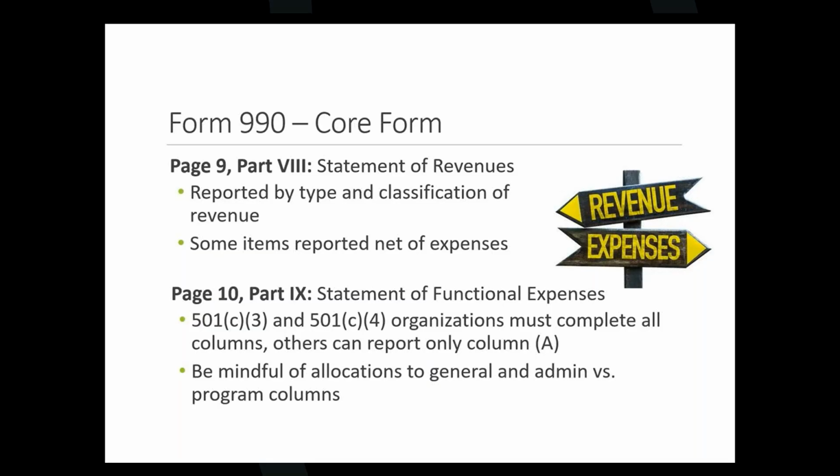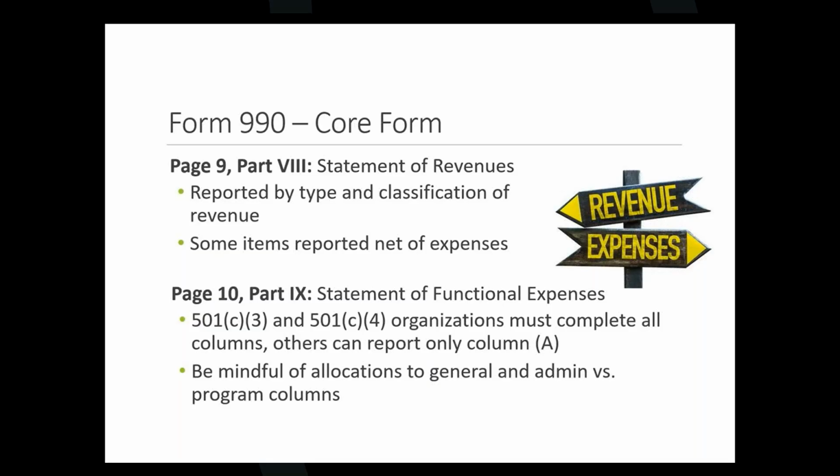Part 9 is the statement of functional expenses. For 501(c)(3) and 501(c)(4) organizations, they must complete all columns, so breaking out the expenses between program, management, and fundraising. But all other organizations only need to report the total expenses by natural category.